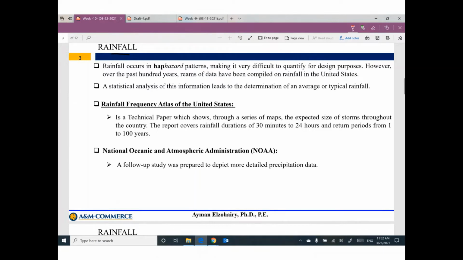However, over the past 100 years or 200 years, reams of data have been compiled on rainfall in the United States.